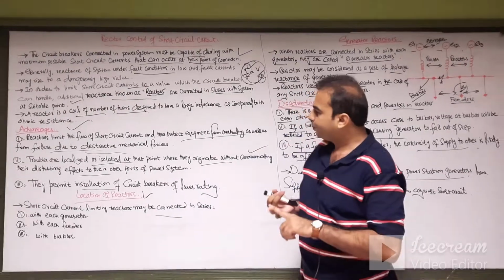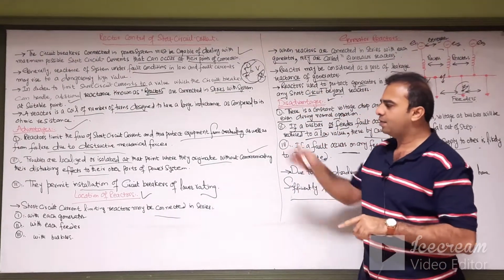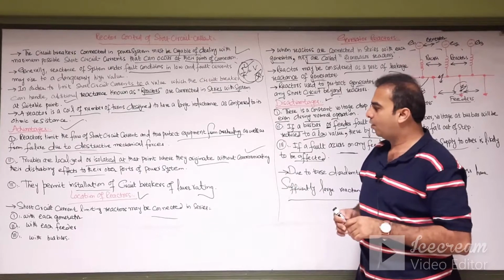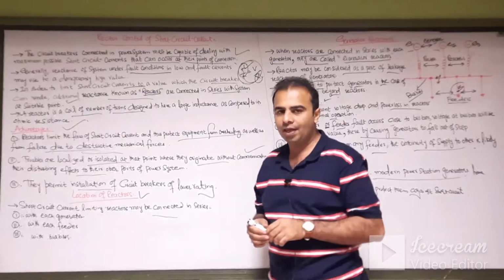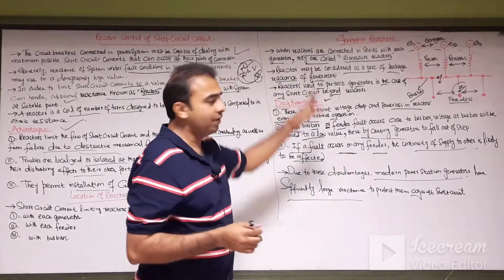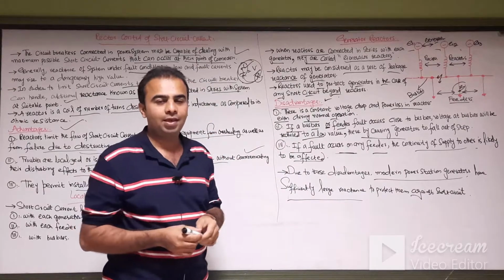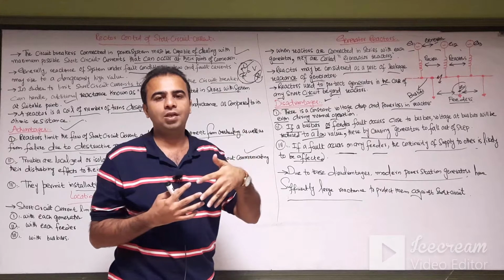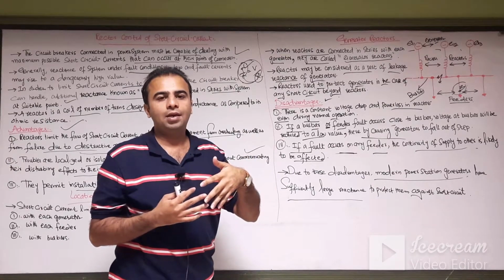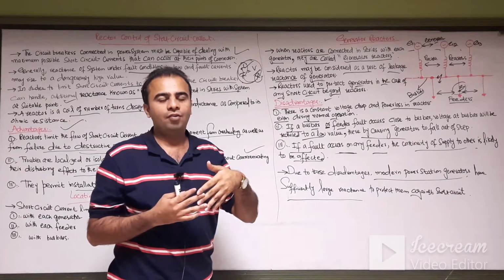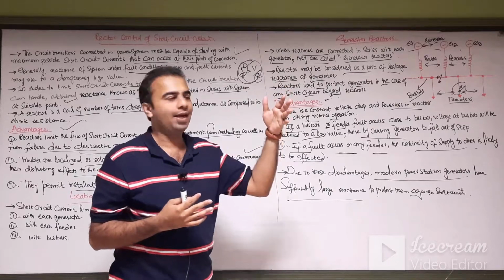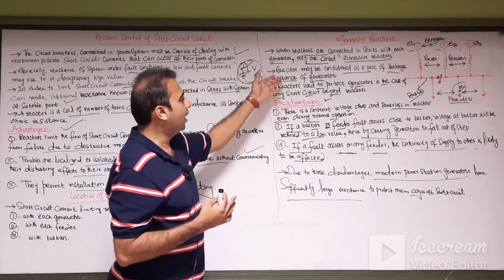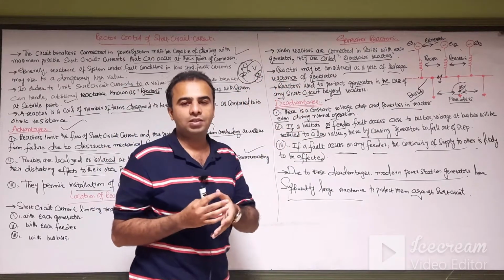We have discussed the advantages of current limiting reactors, and the generator reactors, in today's lecture. Whenever reactors are connected in series with a particular generator, they can limit the short circuit current if a fault occurs on the generator side. So it is considered to be the leakage reactance of the generator.